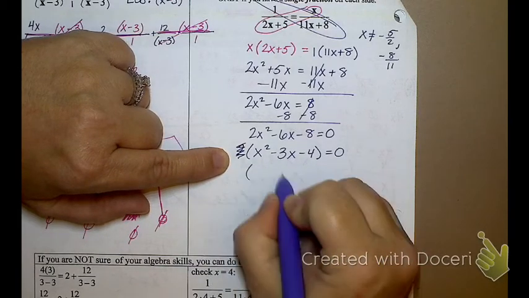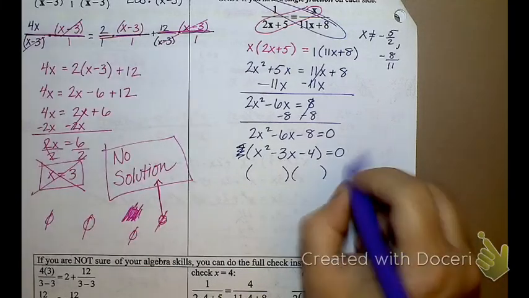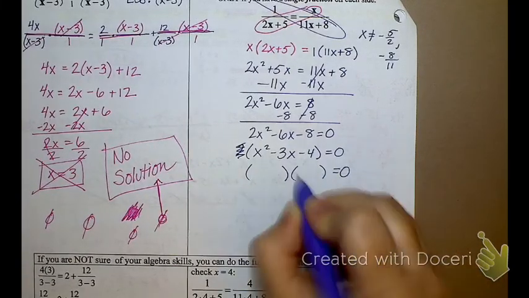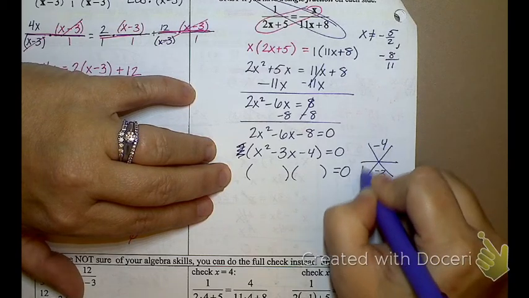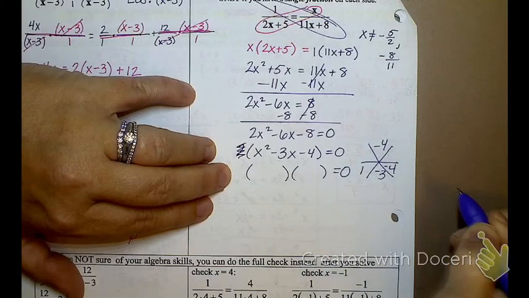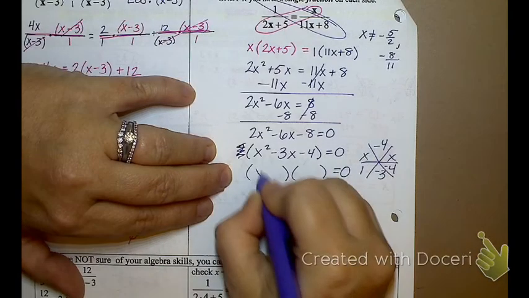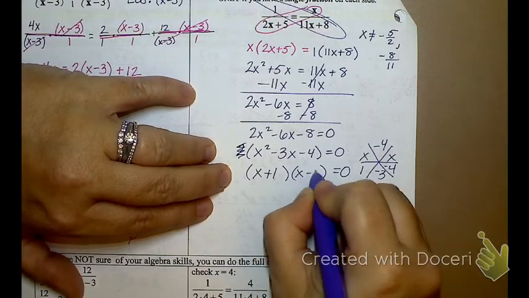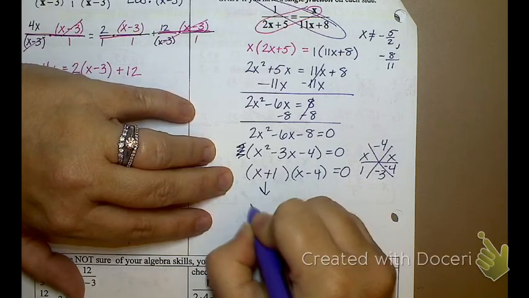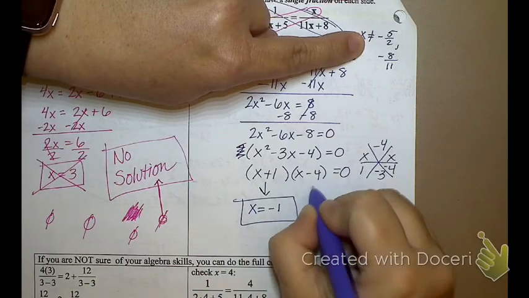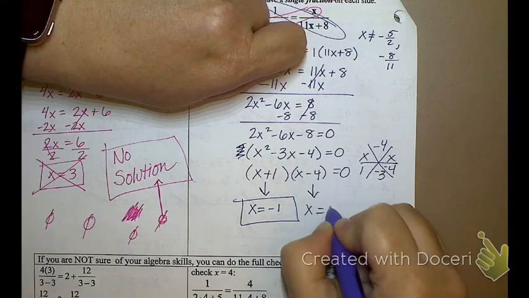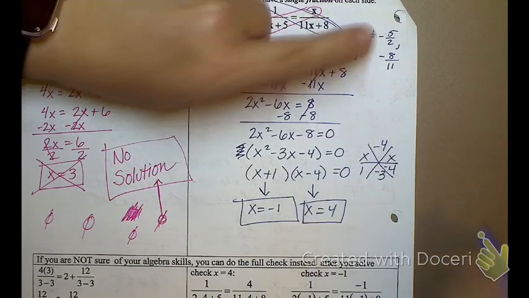What does this factor into? 4. 1 and 4. With the 4 negative? Yes. So I have x plus 1 and x minus 4. So I get an answer of x equals negative 1, not excluded, so it's good. And x equals 4, again, not excluded, so it's good.